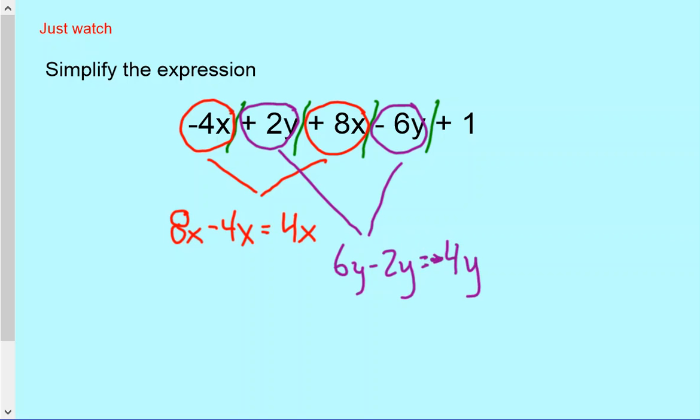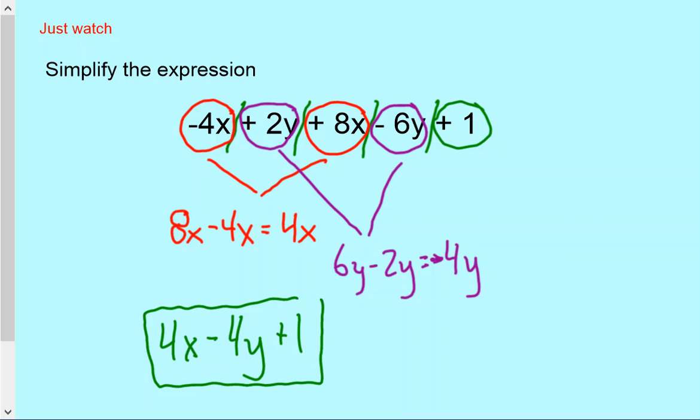And then we also just have this 1 over here by itself. Okay, so now when we combine back our simplifications, we have 4x minus 4y plus 1.